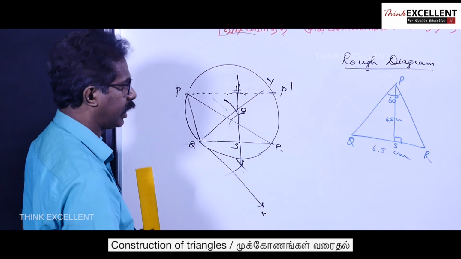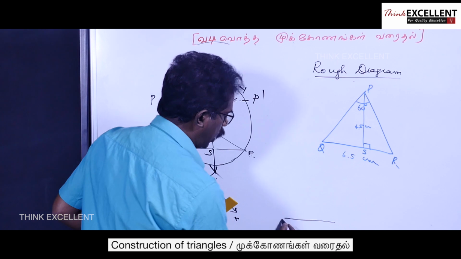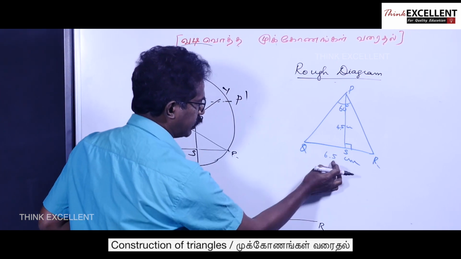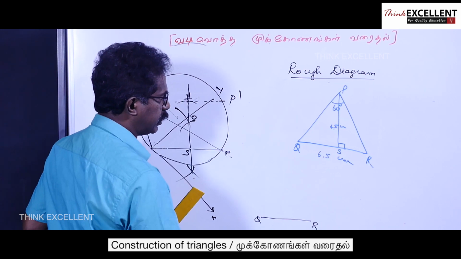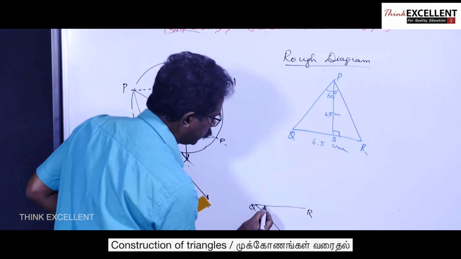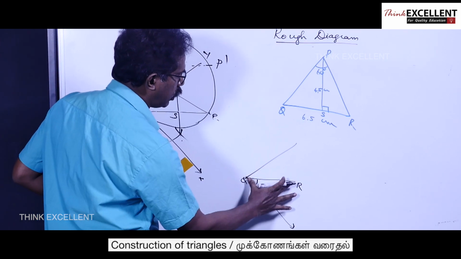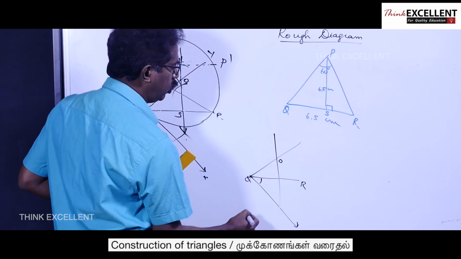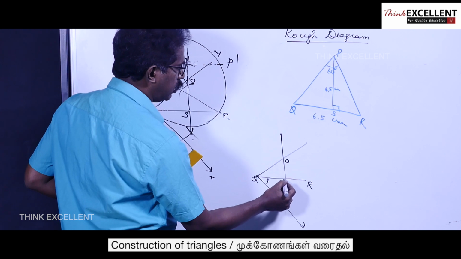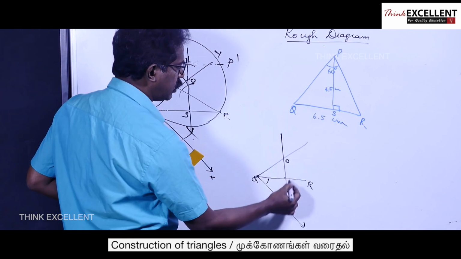I'll explain the whole thing again, listen. Draw a line QR of the given length 6.5 centimeter. Vertical angle is 60, so downward you make 60 degree here. For this you draw a perpendicular, and also draw a perpendicular bisector; they meet at O. Now this point you take, say S or M. If they give S, you mark S here.